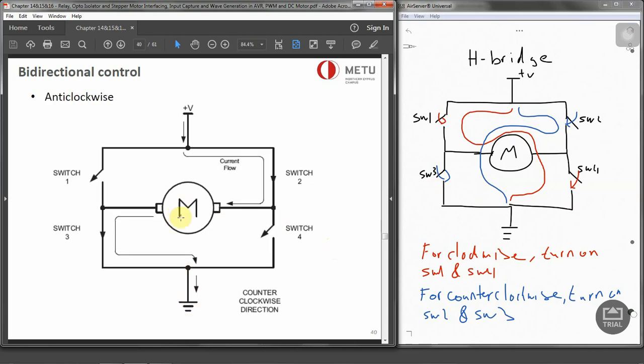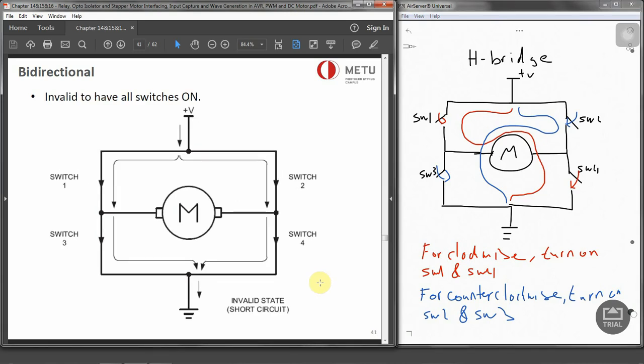Or if you want counterclockwise, switch 2 and switch 3 have to be turned on so that we can have counterclockwise direction for the motor. And if both of the switches are turned on at the same time, then we have a short circuit, so this is not valid, and we put the motor in an invalid state.